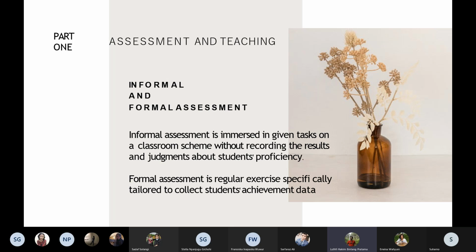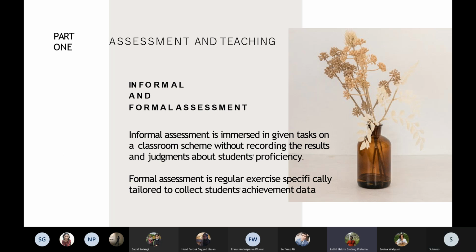Assessment and teaching. Assessment is divided into two: informal and formal assessments. The informal assessment is immersed in a given task on a classroom scheme without a recording of the results and judgment about students' proficiency, and the formal assessment is a regular exercise specifically tailored to collect students' achievement data.